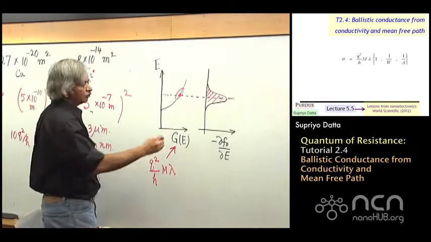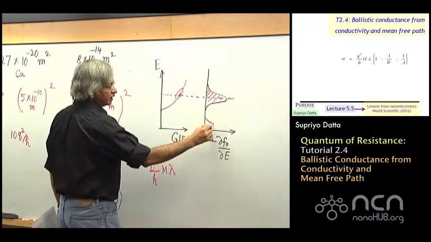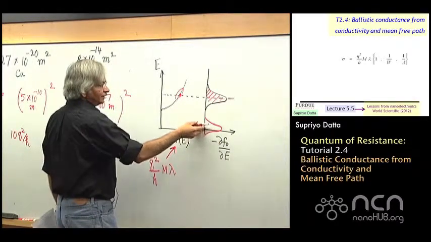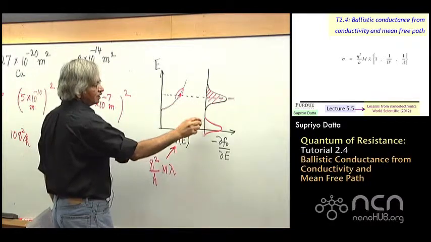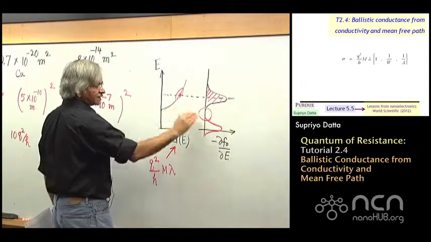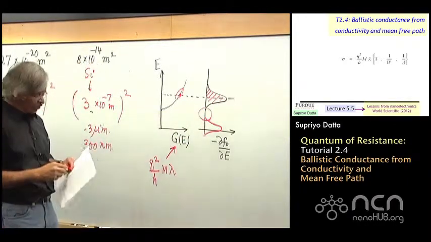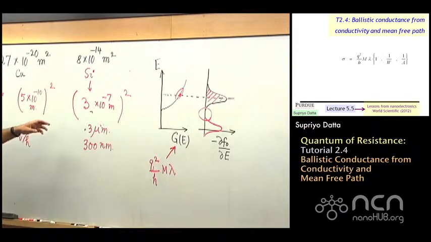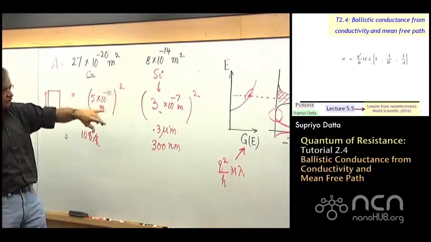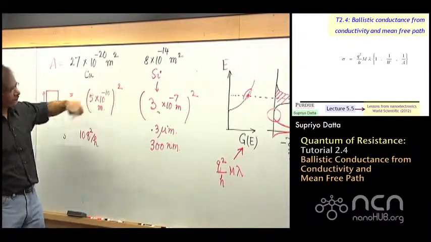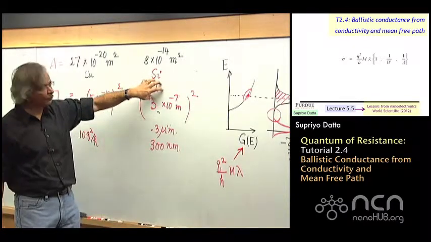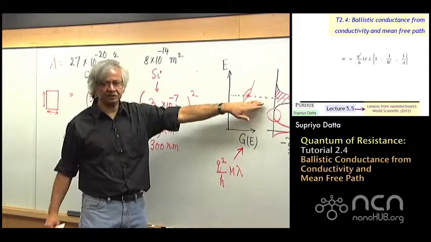On the other hand, if you are talking of non-degenerate conductors, which have a chemical potential way down here, then the conductance that you actually measure is extremely weighed down by the tail of this curve and has that exponential factor in it. I took numbers here for silicon. For copper, this is never an issue because copper is a degenerate conductor. For silicon, I took numbers for relatively heavily doped silicon, where one can expect to have a picture like this.